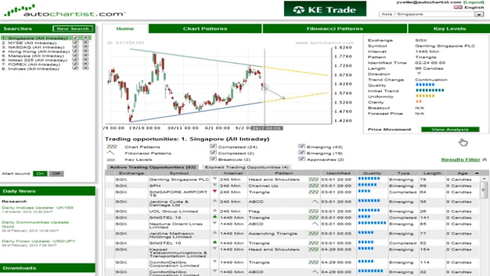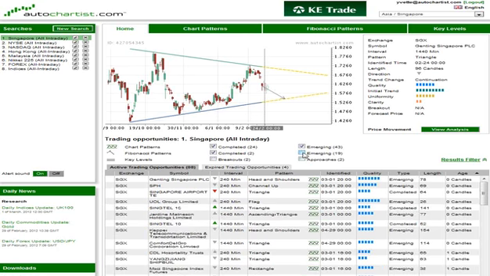Now this filter is to just preserve your sanity. If you can't handle all of the different pattern types like me, I choose to uncheck quite a few of them, and as I unselect them, they basically disappear from the grid as I do it. So for example, I can choose to view only completed chart patterns at any given time.